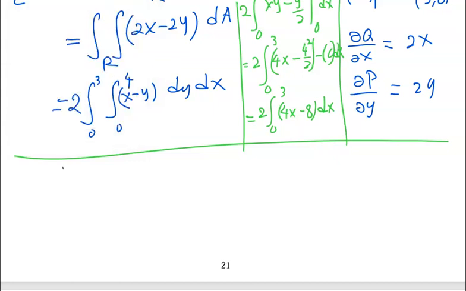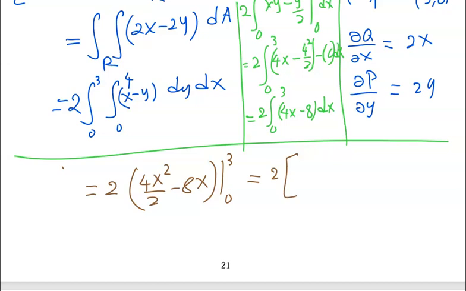So the line integral is equal to 2 times the integral, which is 4x squared over 2 minus 8x, evaluated from 0 to 3, with the 2 outside. If I put 3 there, 4 times 9 over 2 minus 8 times 3, and the lower limit is 0, right?